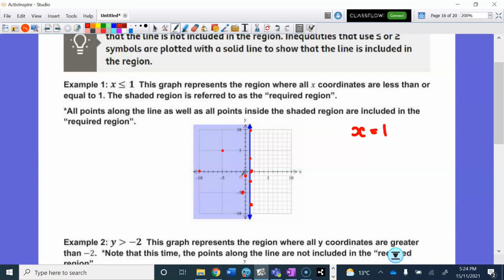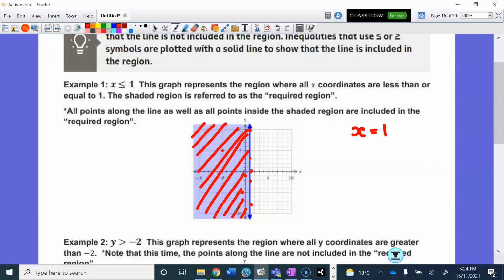So when I draw this graph of this region, we call this a required region, I would include the line. So I've drawn a solid line on x equals 1, and then I include this entire shaded half of the graph. And when you get into higher levels, you'll need to actually put a little key on your graph and say required region.